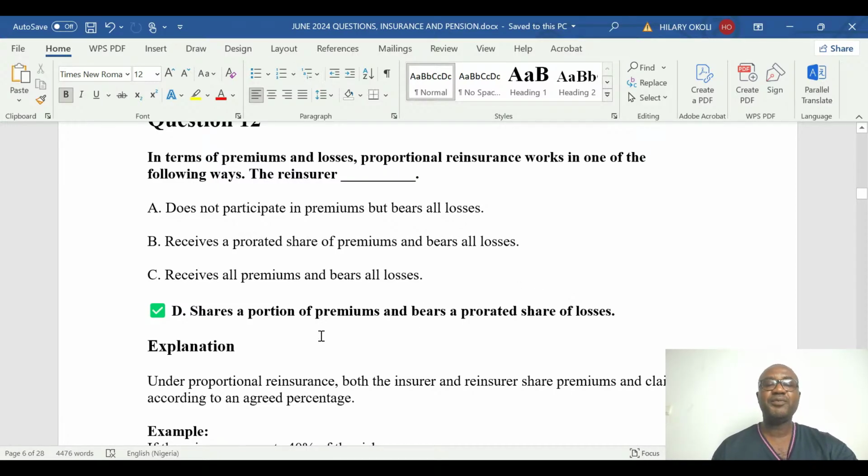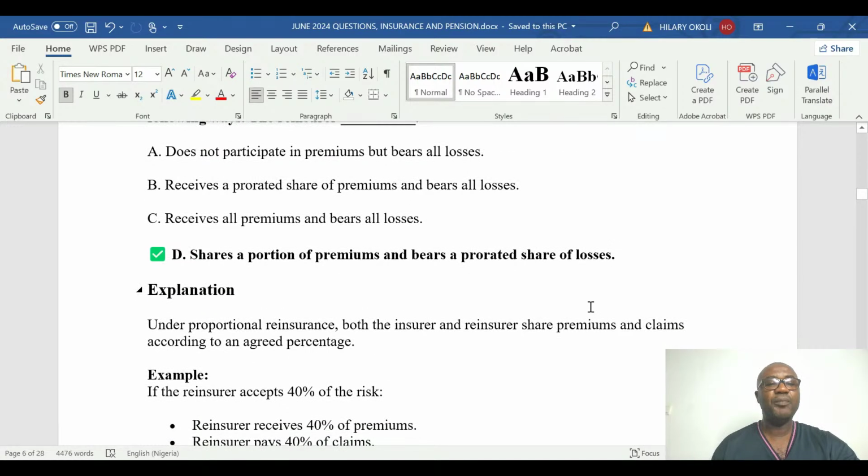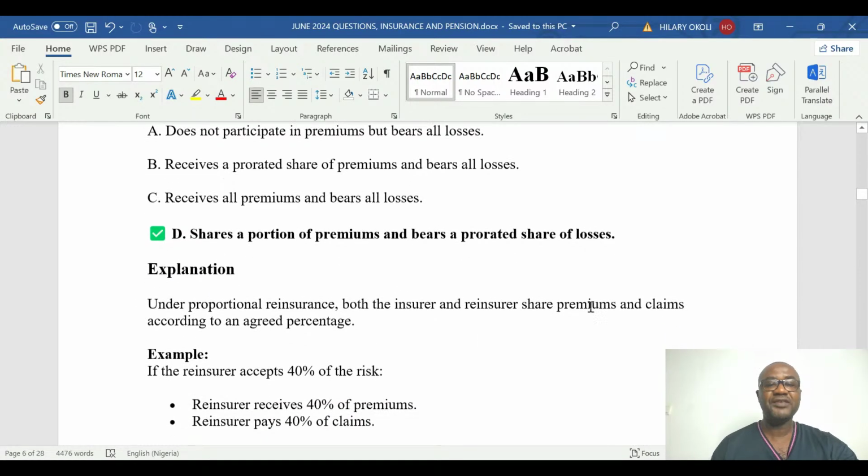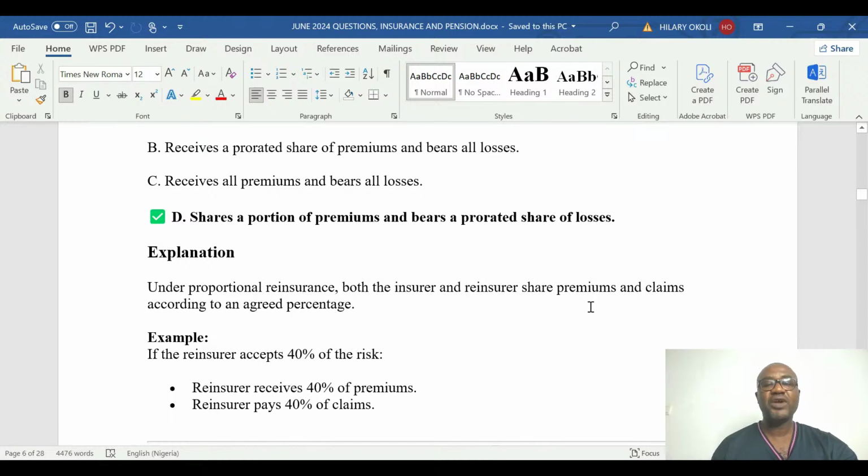That's how it works. So we share in the premium proportionally and also share in the losses when they occur in a prorated manner. By further explanation, upon proportional reinsurance, both the reinsurer and the insurer share premium.